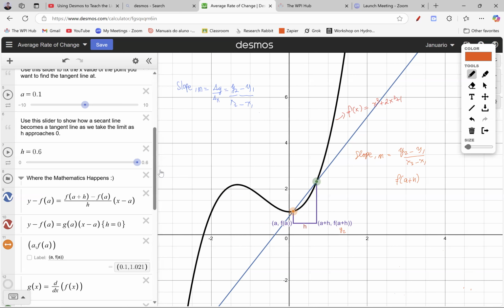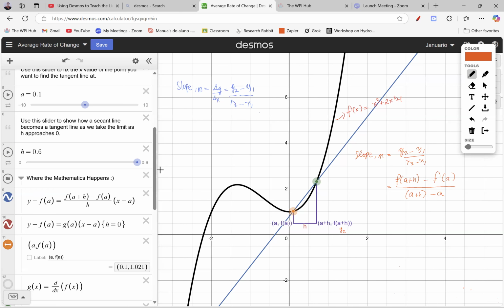F of A. Minus f of a. You divide that by, what is your x2? A plus H. What is your minus x1? What is your x1? A. It's simply a. Okay.